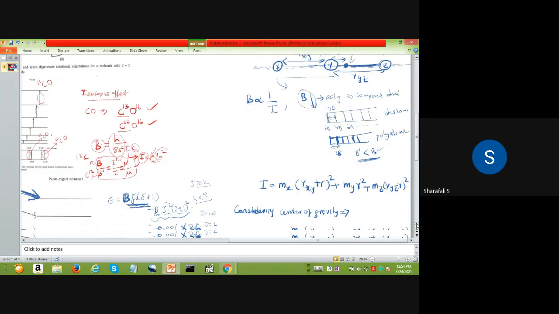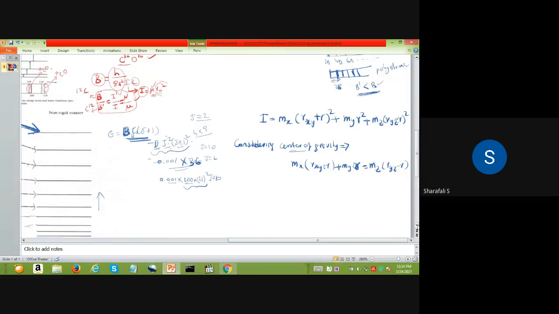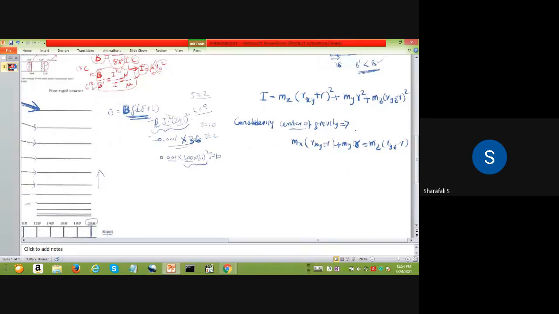So with that center of mass, center of gravity concept, we can write it like this: mx rxy plus r plus my into r equal to mz into ryz minus r. By using this expression, we can find the value of r.